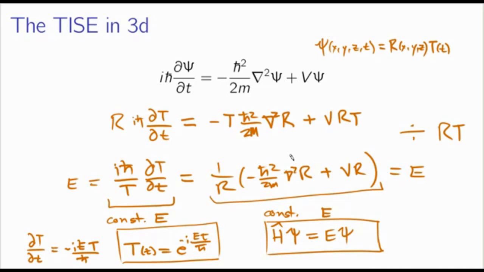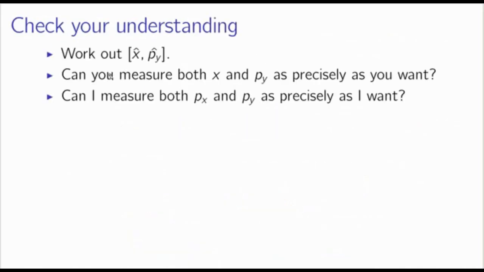And the complications are going to make our life somewhat interesting over the next couple of days, which is really where a lot of the rich structure of quantum mechanics in the real world comes into play, because we'll start talking about things like angular momentum. And angular momentum turns out to be really crucial to the structure of atoms and molecules. That's about it for quantum mechanics in 3 dimensions as far as the overall structure of the Schrodinger equation goes.